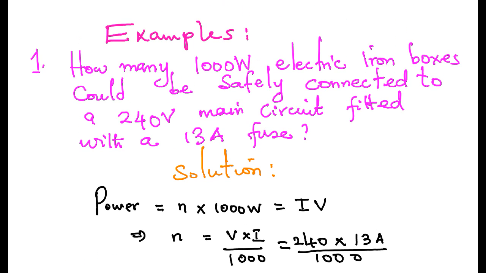Hence, the number N is equal to 3.12. These are approximately 3 iron boxes.